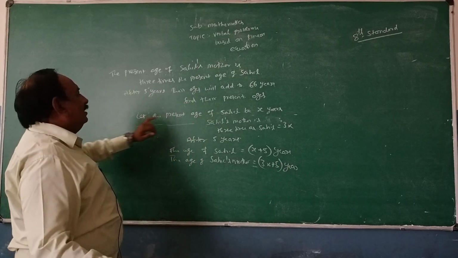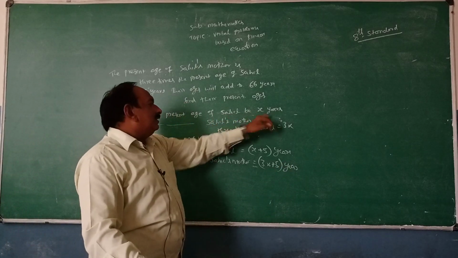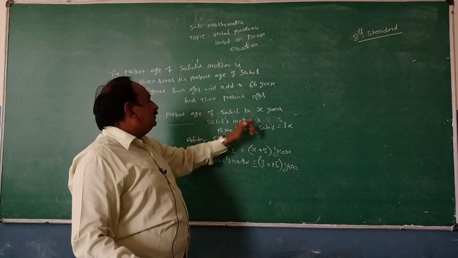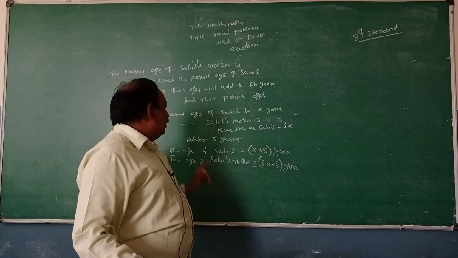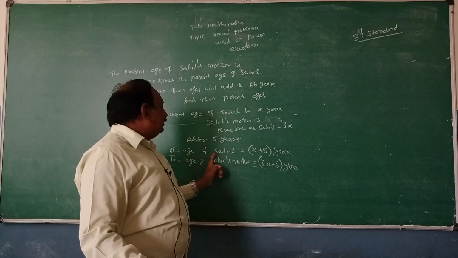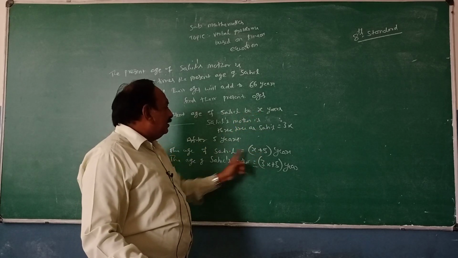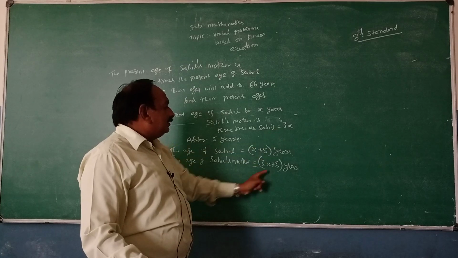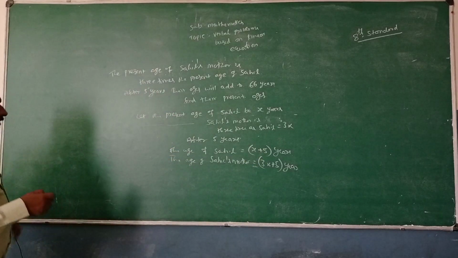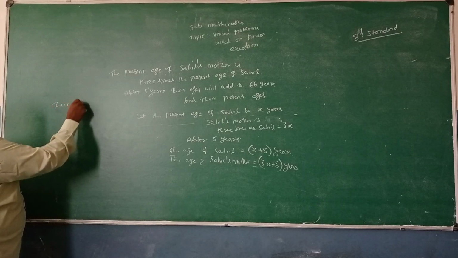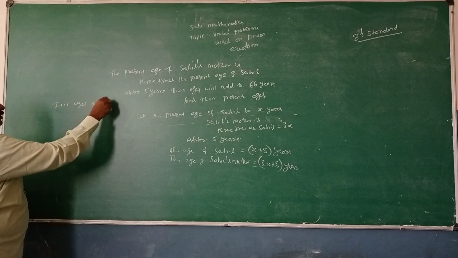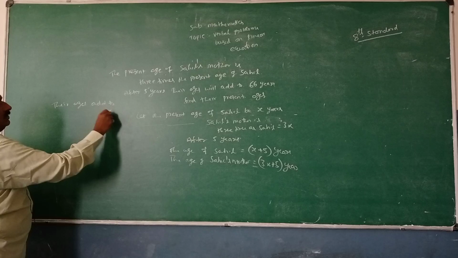Listen here. Let the present age of Sahil be x years. The present age of Sahil's mother is 3 times Sahil's, 3 times means 3x. After 5 years, the age of Sahil is x plus 5, age of Sahil's mother 3x plus 5. Their ages add to 66 years.